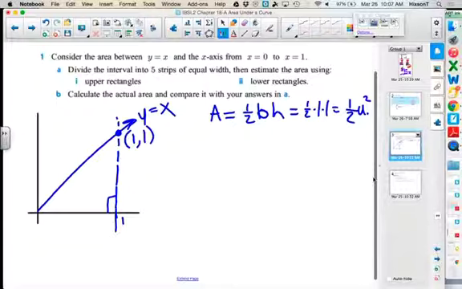A fifth, okay, or 0.2. Alright, so there's 1/5, 2/5, 3/5, 4/5, and obviously 5/5, okay? So each of those has a width of 1/5, okay?